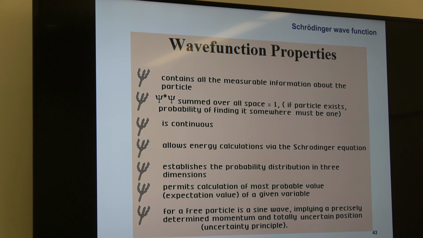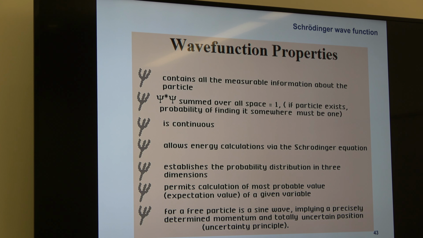Okay, so the wave function that Schrödinger introduced, and by the way, this is another little tidbit of anecdotal information about Schrödinger. He came up with the famous Schrödinger equation, which basically replaces Newton's second law for quantum systems.